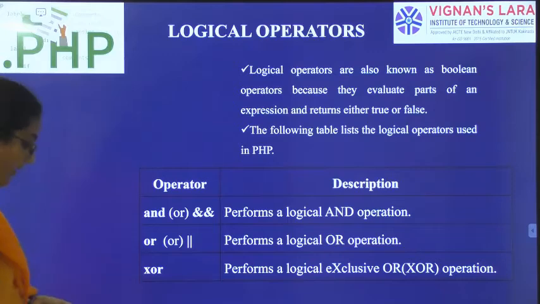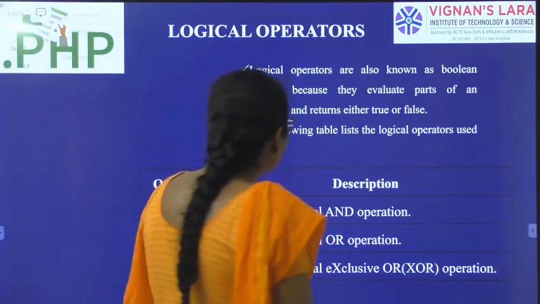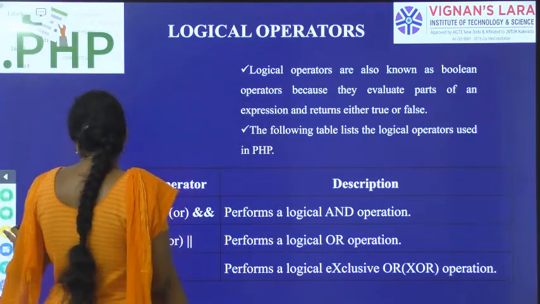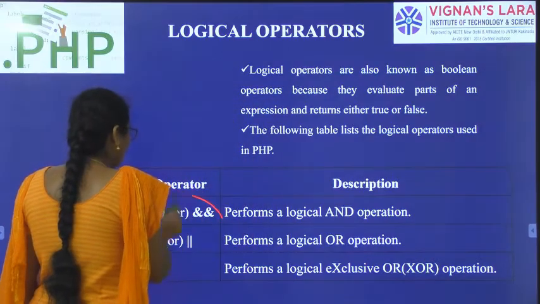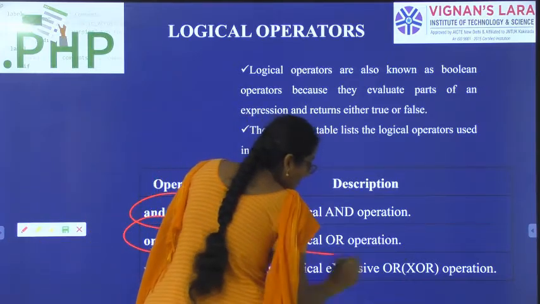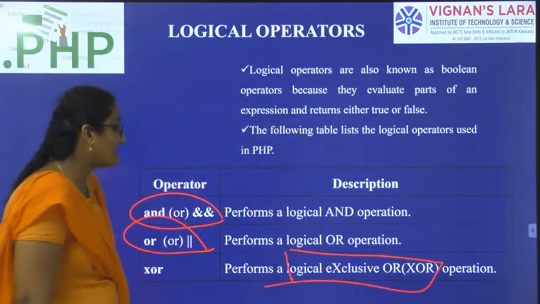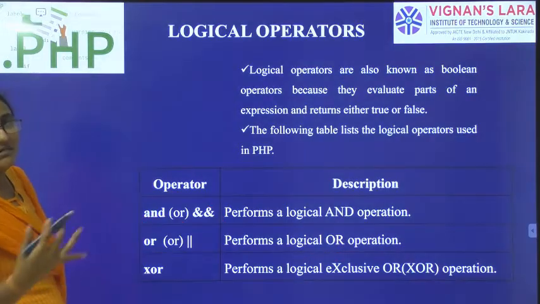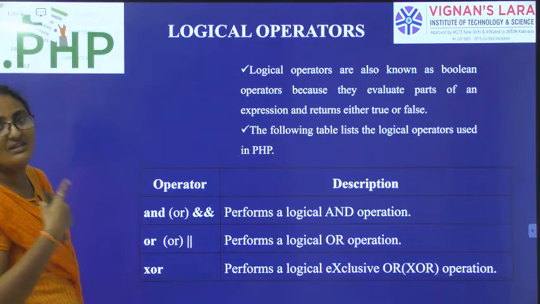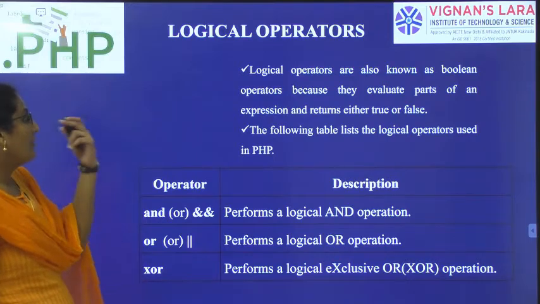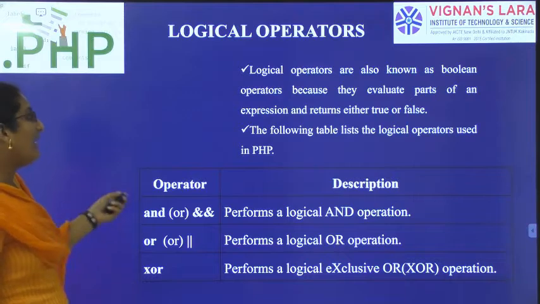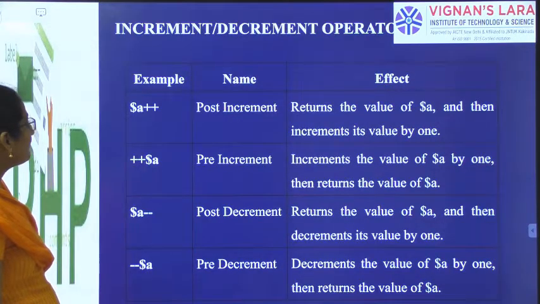So you have logical AND, logical OR, exclusive logical OR, XOR. Simple, as in the remaining programming languages. In C you have these, in Java you have these, in Python also you have this. So logical operators are the same in every programming language, the same as in PHP.